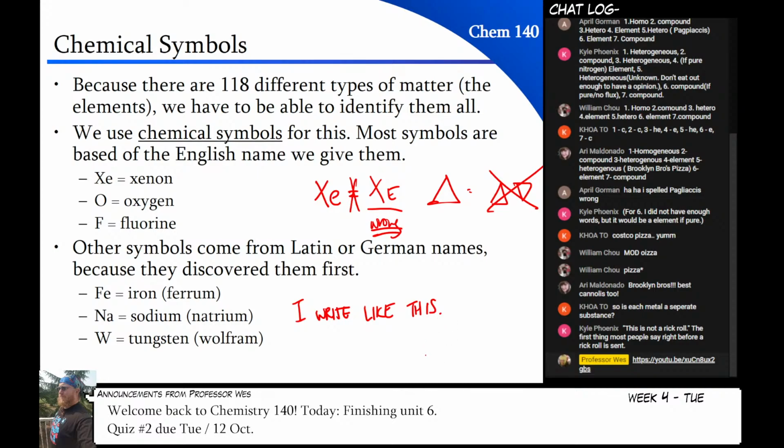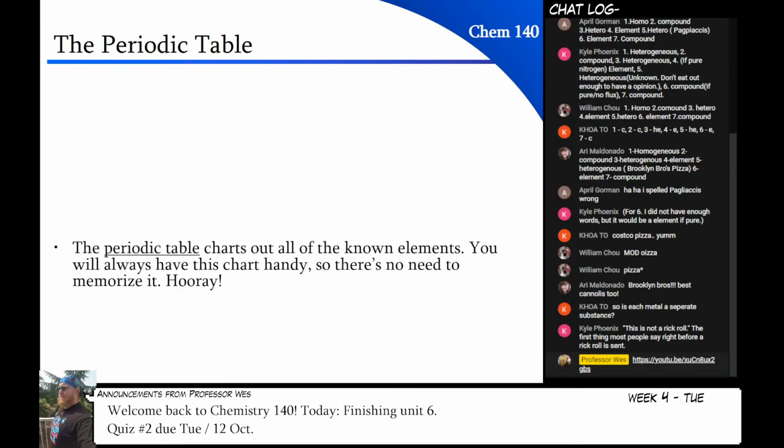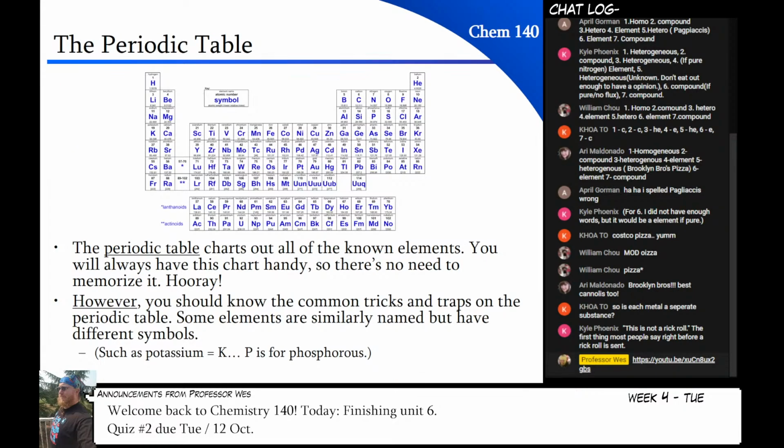That's fine with your handwriting. But when you write elemental symbols, the second letter must be lowercase. If it's not, it gets marked wrong. And if you do that on Canvas, it will mark it wrong too. Okay? So be mindful of that. You want to make sure that you are writing the symbols out correctly.